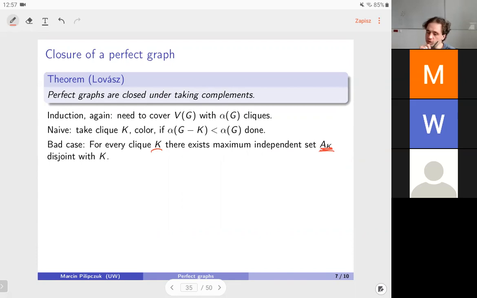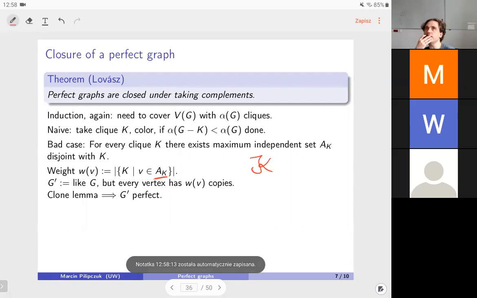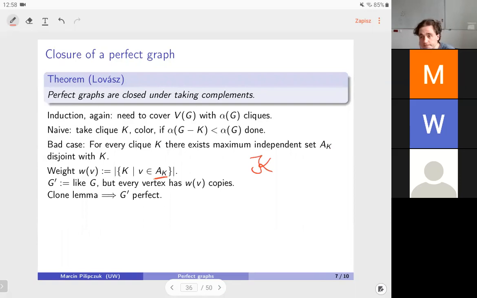And this is now the very nice trick of Lovász: let's look at the weights of vertices. The weight of a vertex is in how many independent sets it is. So let's call calligraphic K the family of all cliques of the graph. You can think of all cliques or all maximal cliques, it actually doesn't matter, but let's look at all cliques of the graph.